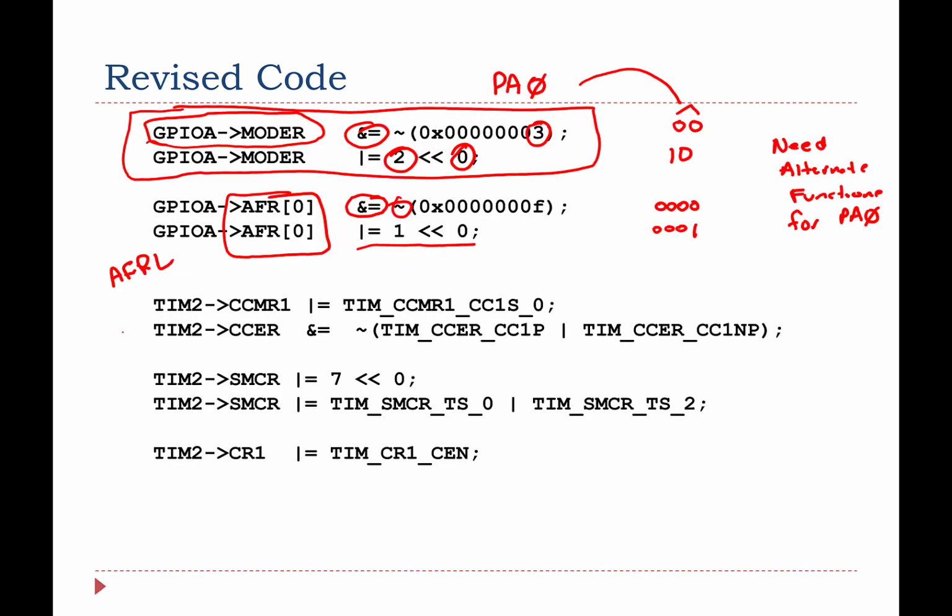Okay, now what's the rest of this stuff here? This is more setup for the timers, and let's discuss what each one of these is doing. I said we'd talk about this in a little bit more detail.